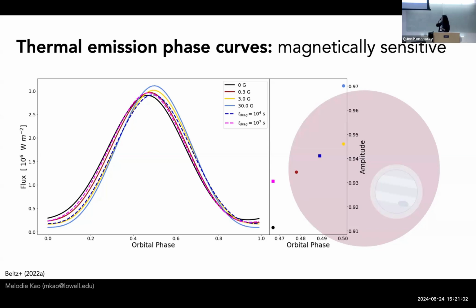Haley Beltz has been doing some really nice work over the last couple of years, where she's showing that the phase curves of hot Jupiters can correlate with their magnetic field strengths. You can kind of imagine that ionized gases or winds on these planets are more likely to flow along a strong magnetic field.